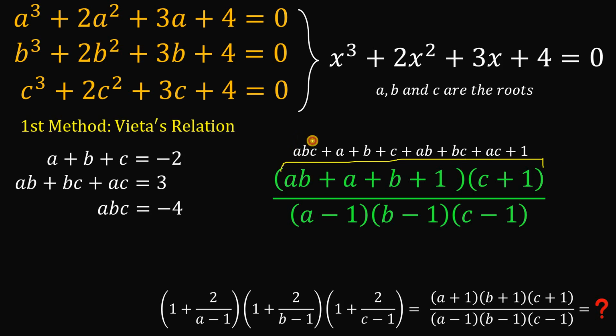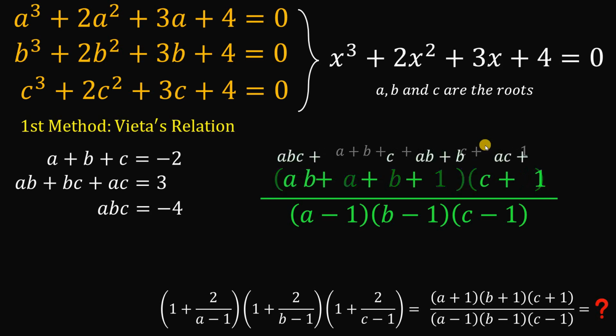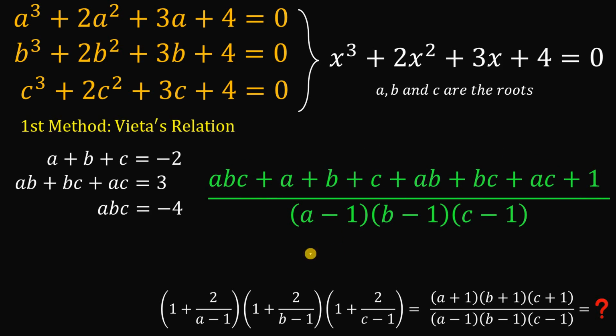So notice, we have here the product of the roots, the sum of the roots, and the pairwise product. So now, let's replace this numerator. Now, if we do the same thing on the denominator, we get this product. Alright, and let's replace this.